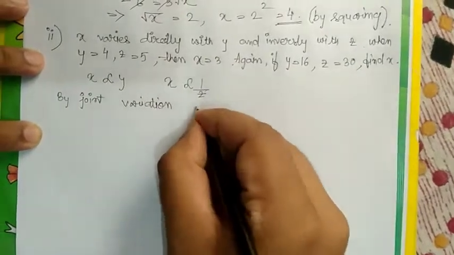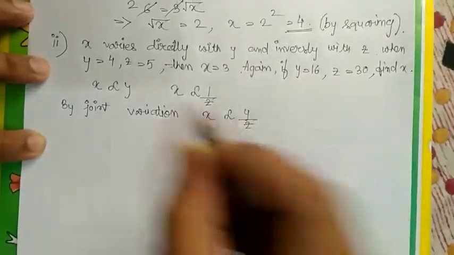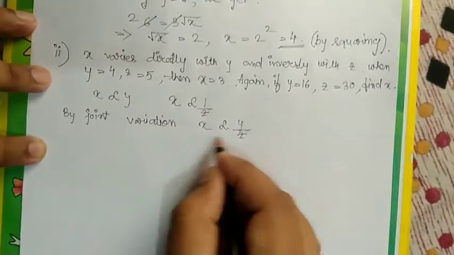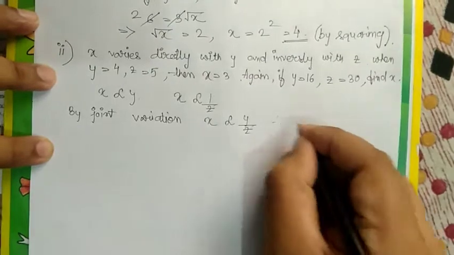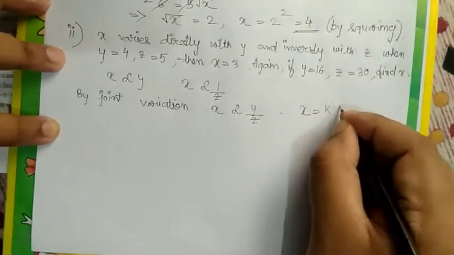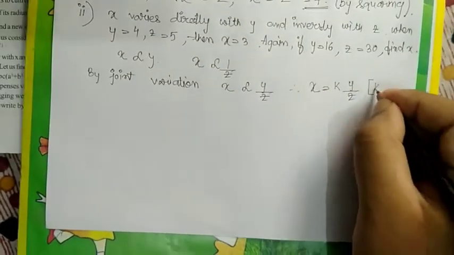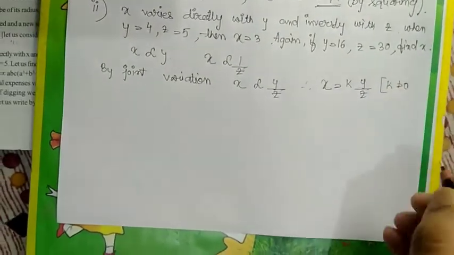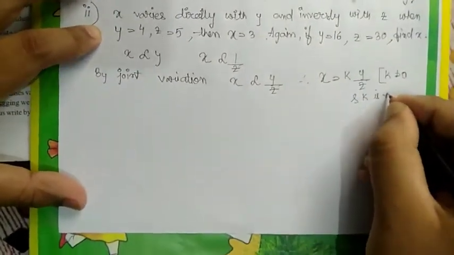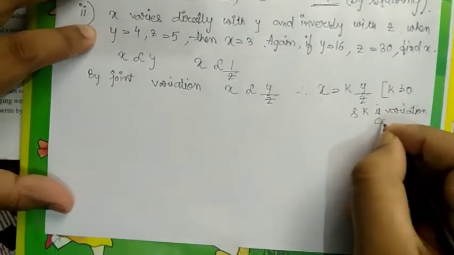we can write x varies as y by z. This y is direct and this z is inverse, therefore we can write this. So therefore x equal to k y by z, where k not equal to 0 and k is variation constant.